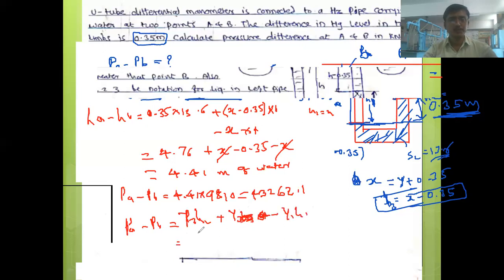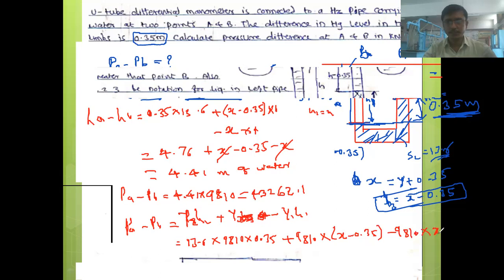So gamma 2 H2 was 13.6 into 9810 into 0.35, plus here gamma 3, that is 9810 into H3, which was X minus 0.35, minus 9810, that is gamma 1 into H1, which is X, right.